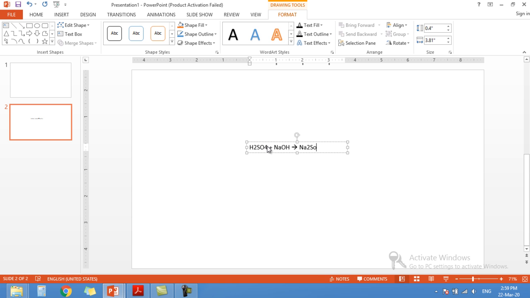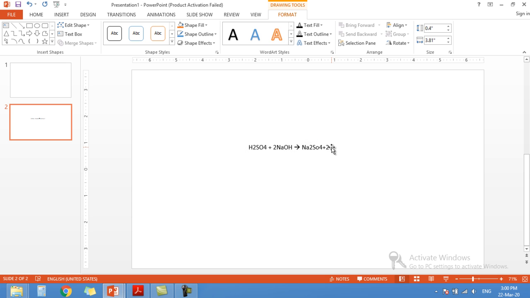So we will have Na2SO4. This is due to the valence of the sodium and the sulfate ion, so we will need to add 2 here to balance the equation, and this also will give us 2. We will take H from here and OH, which will be added together to form the water.